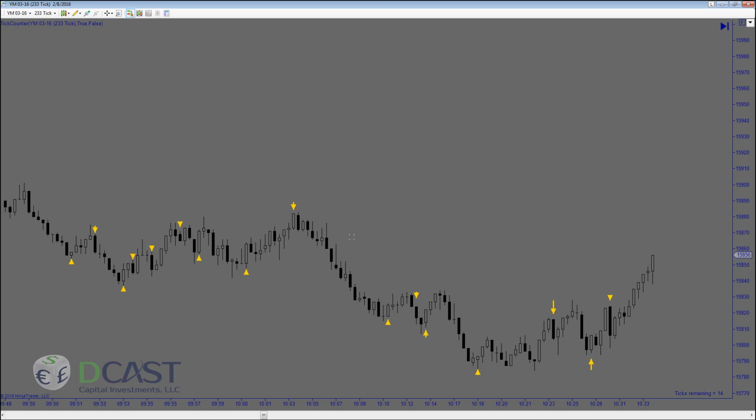Now we're looking in areas that were complex because price was pretty much range bound in this area, and showed some complexity in here. But I was able to show you with a 75% accuracy how price was able to correct, whether up or down, just based on bar by bar analysis.